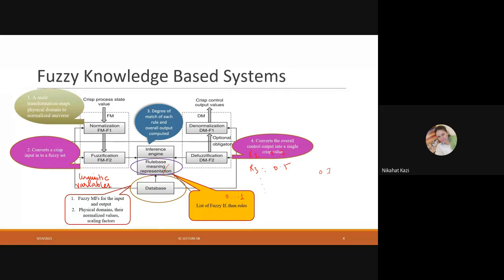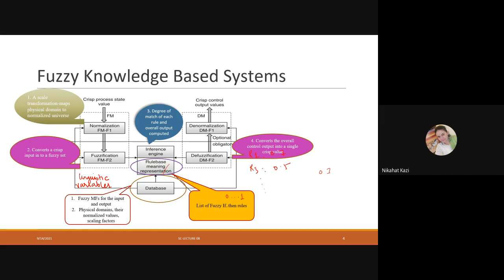Which should be as per the input that is given, that is the dirt or grease, whatever inputs you're considering in the washing machine problem domain. And then of course, once you defuzzify, since you had scaled it to some scale, you need to apply a denormalization block, and then you get it back to the original crisp values in the original domain.